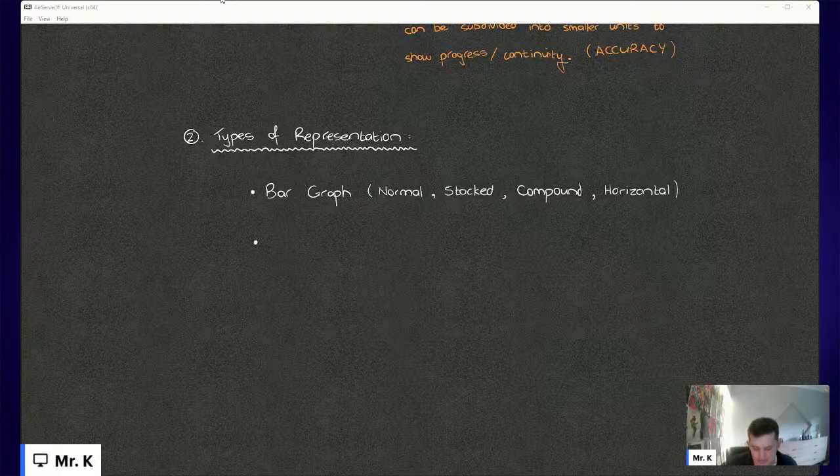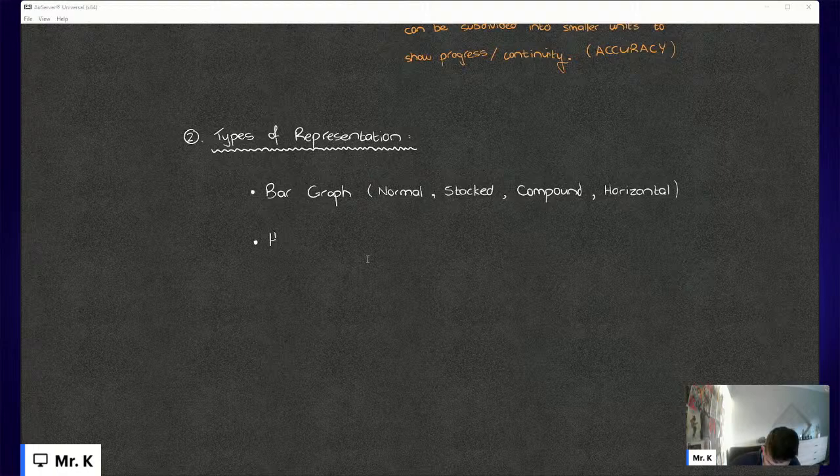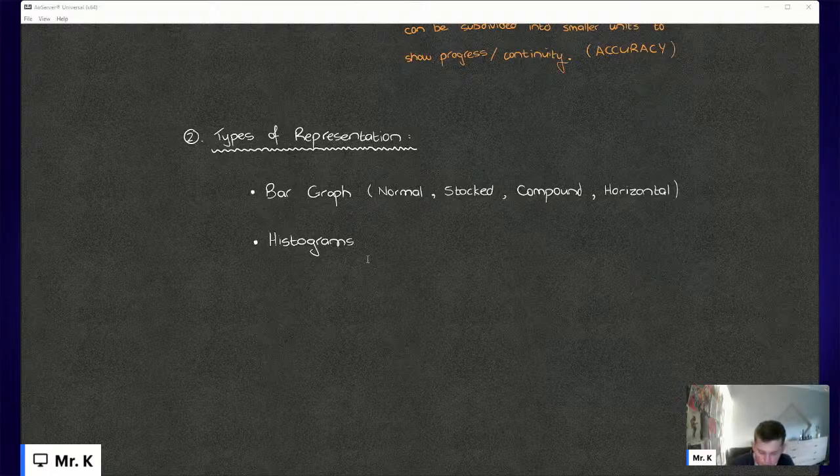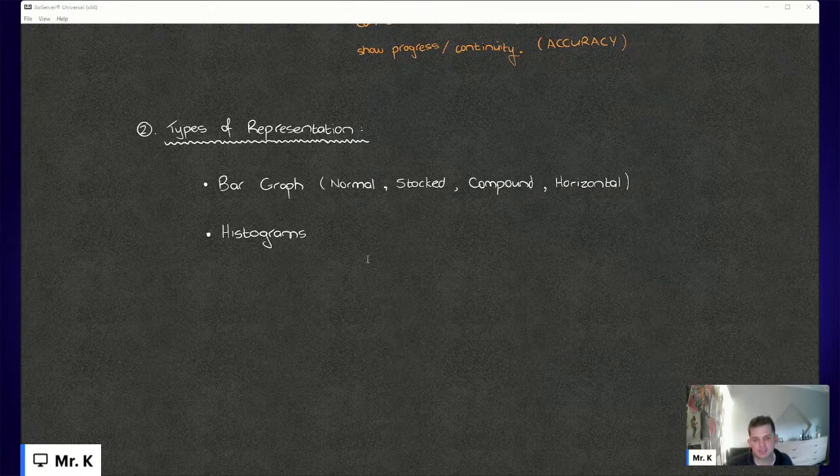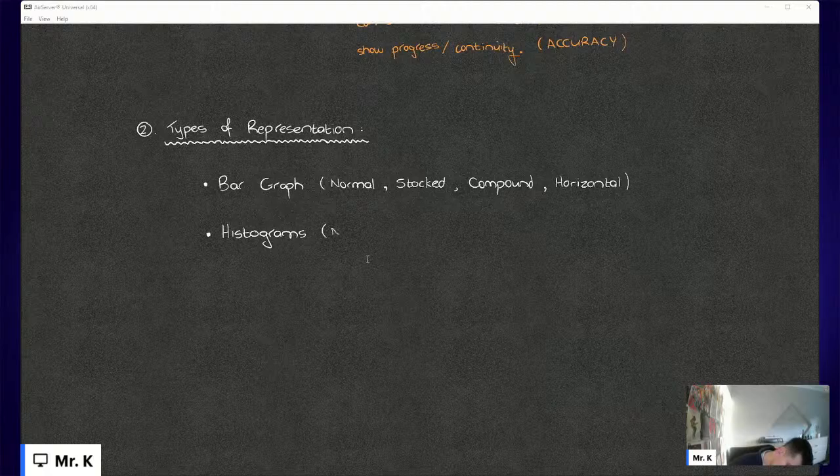Next, what other kinds of graphs do we have, grade 8s? You guys should know about histograms. Histograms are very, very similar to our bar graphs, but histograms have no spaces, right? You can write that down as a note if you'd like to, up to you.